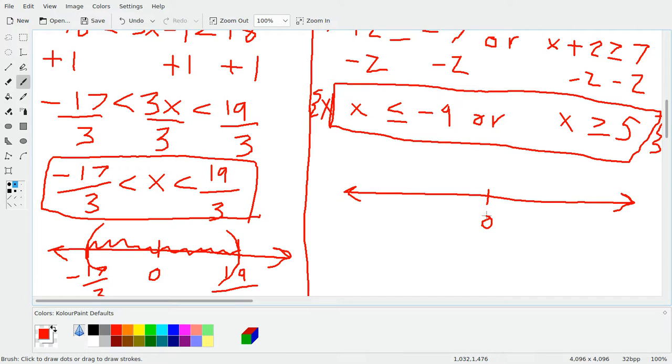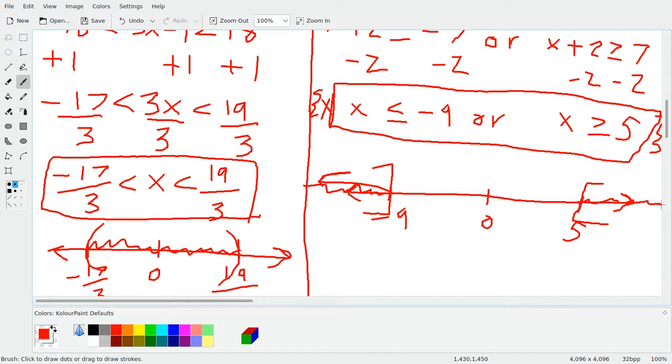Put 0 in the middle of your number line. Negative 9 is somewhere on the left side. 5 is somewhere on the right side. If x is less than or equal to negative 9, we're going to have a bracket on negative 9 and shade to the left of that number. If x is greater than or equal to 5, put a bracket under 5 and shade to the right.